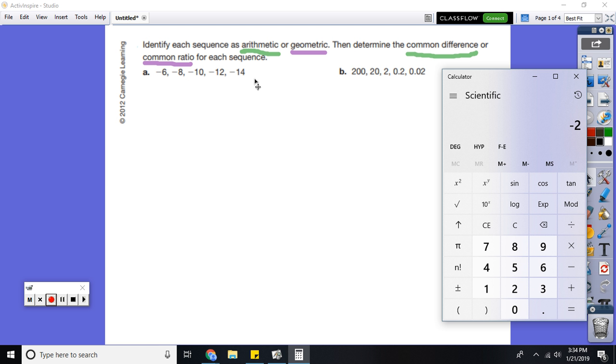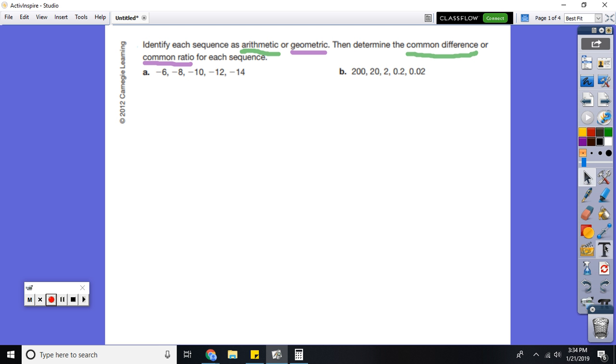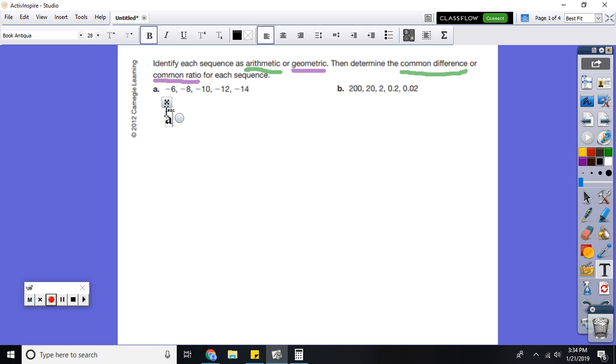And since it's arithmetic, it has a common difference, and that common difference was the number that I'm adding each time. It's the number I got from taking the second term, subtracting the first one. So this first sequence is arithmetic, and the common difference is negative 2.